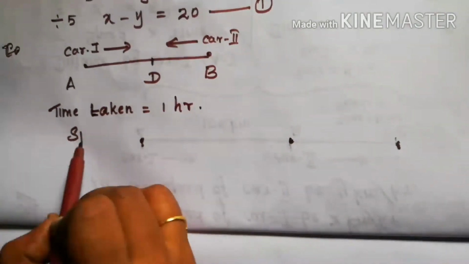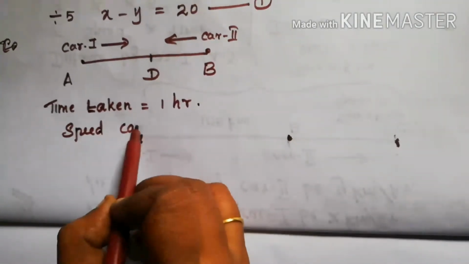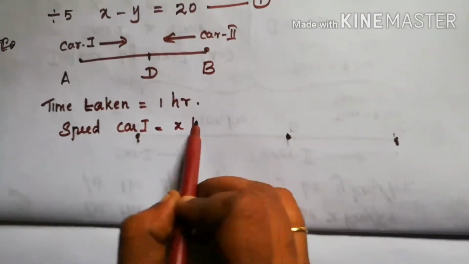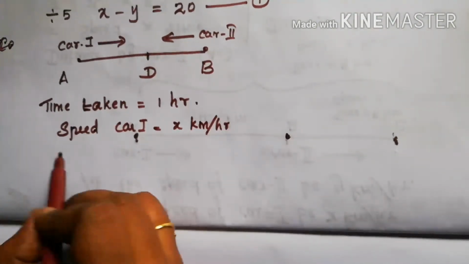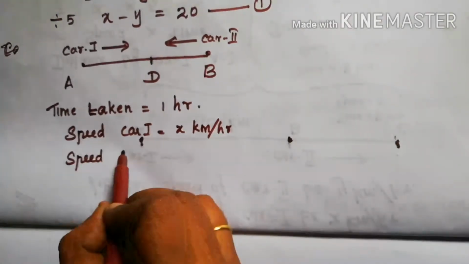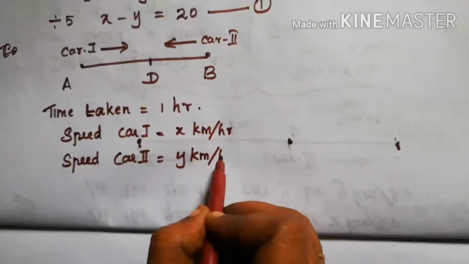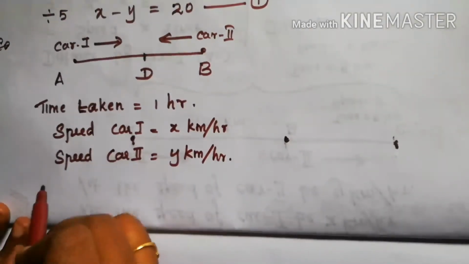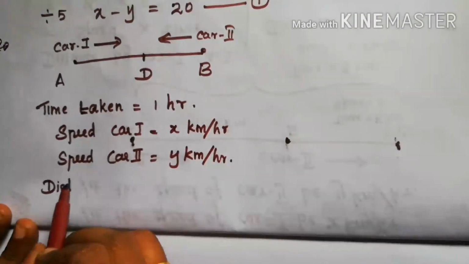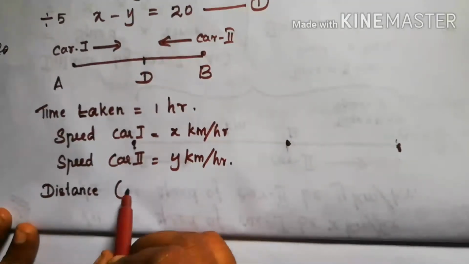And you know very well the speed of car 1 is x kilometer per hour, and the speed of car 2 is y kilometer per hour. So now, as before, we will find the distance traveled by car 1.